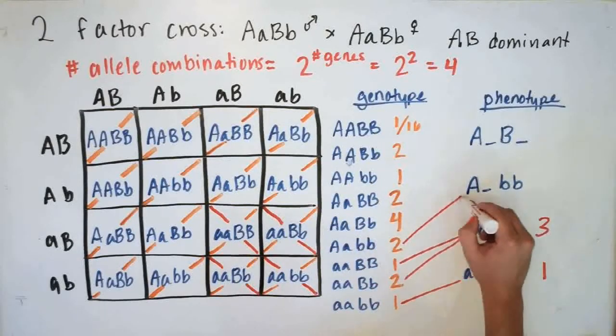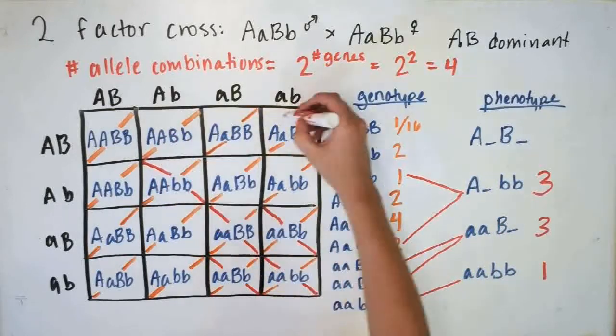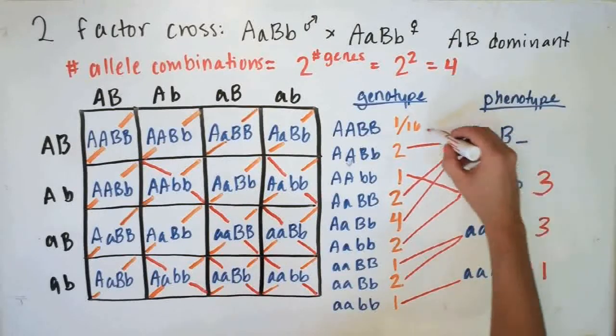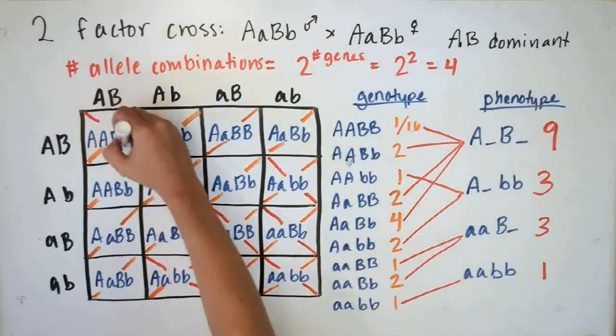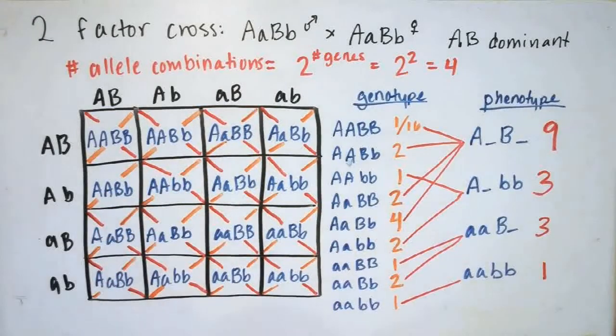For dominant A and recessive B, it is also 3/16. And for dominant A and dominant B, we can add all of the remaining genotypes together, which yields 9/16. These probabilities can be expressed with the ratio 9 to 3 to 3 to 1.